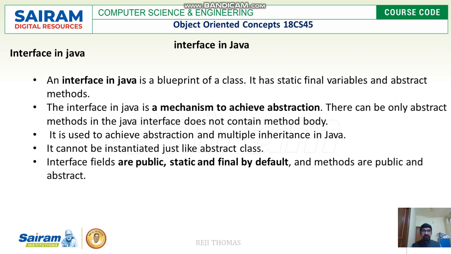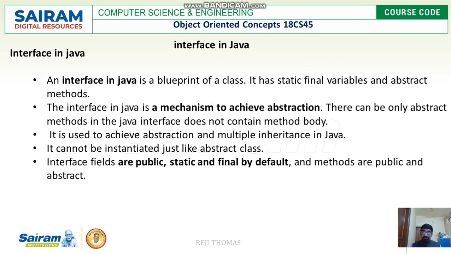An interface is something which is going to give you a blueprint of a class, or a skeleton, which has static and final variables and abstract methods. Or we can say it gives you a mechanism by which we can achieve abstraction.